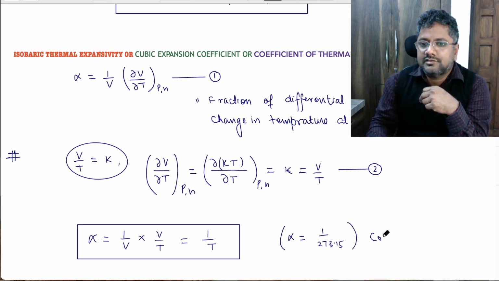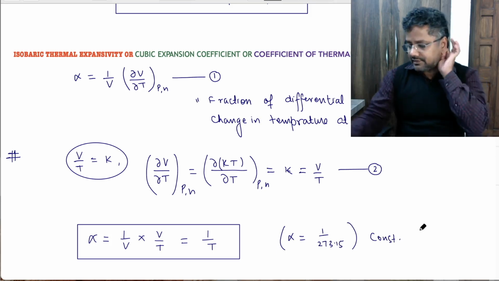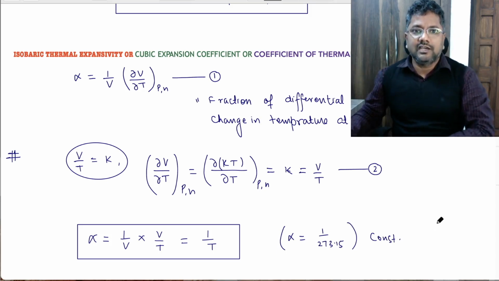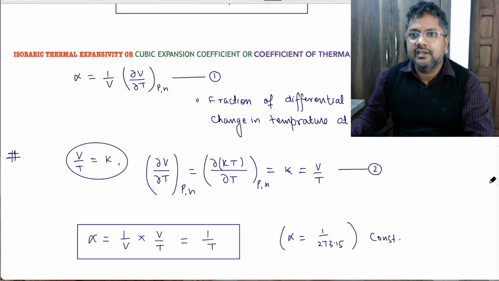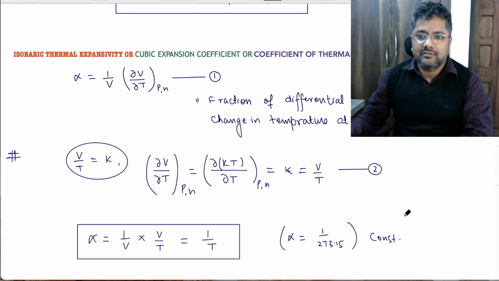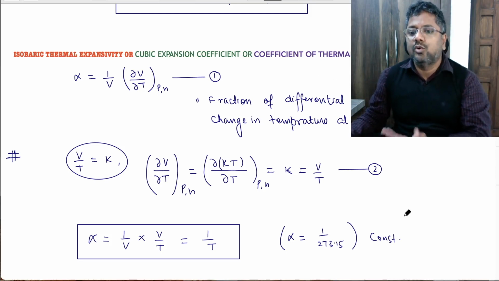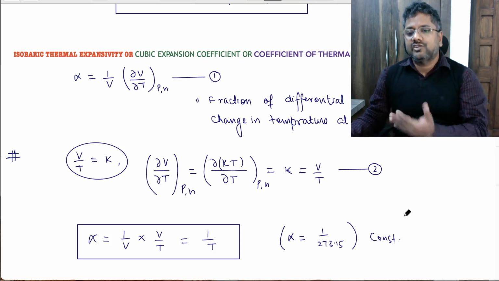This is constant, right? So this is isobaric thermal expansivity, or coefficient of thermal expansion, and its evaluation in terms of known variables, temperature and pressure.